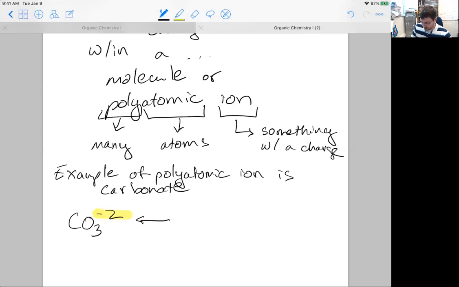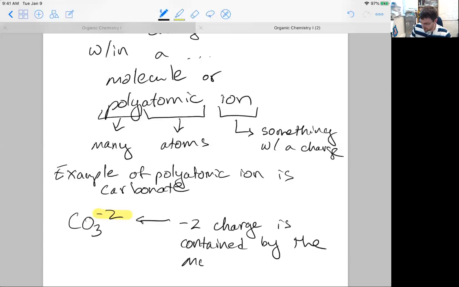This says that our minus 2 charge is contained by the molecule. Maybe contained is an awkward word.